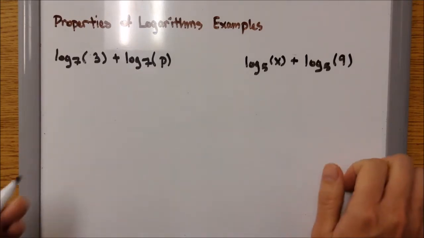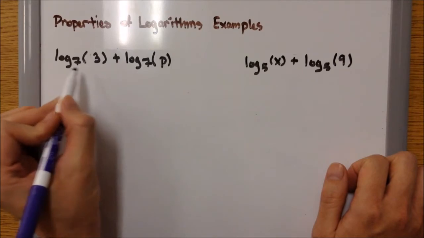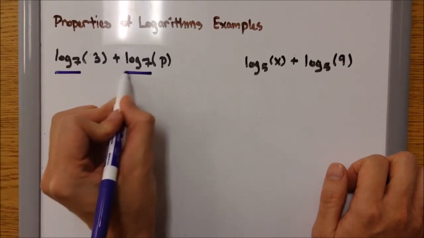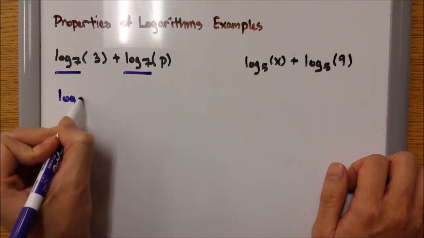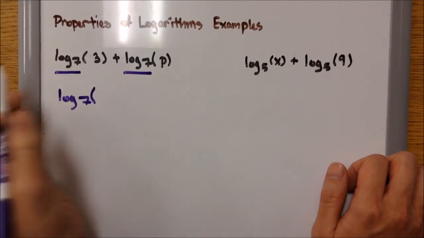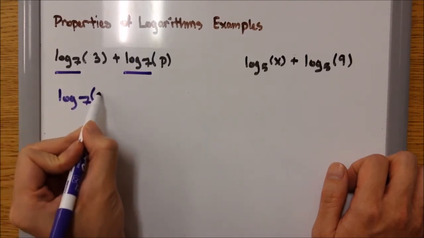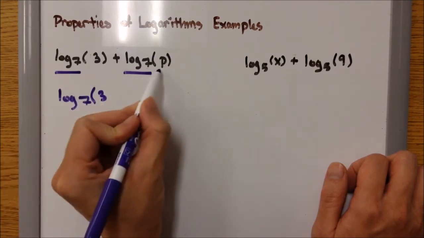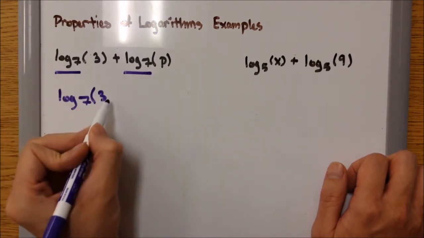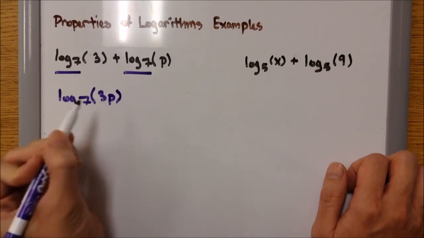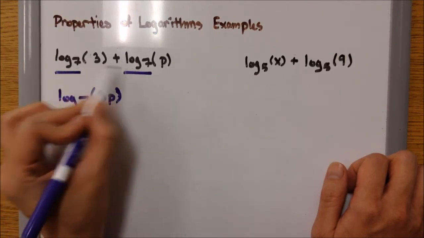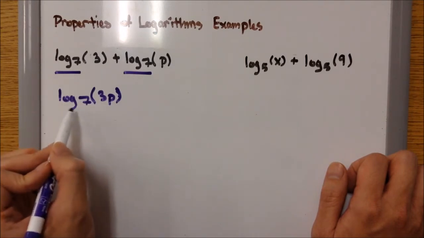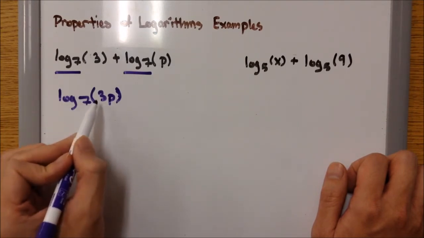So again, we're only using the product property, so we're going to combine these two logs as one. So I'm going to write log base 7, and then since this one's first, I'm going to write 3 first, and then here is p, so I'm going to write p second, and then that's all we can do. So again, I just combined these two logs as one log, so log base 7 of 3p.